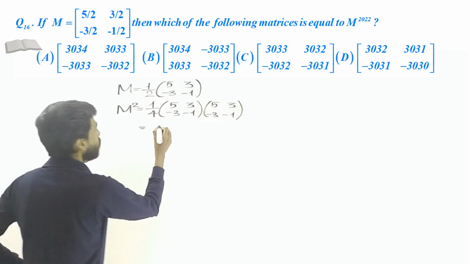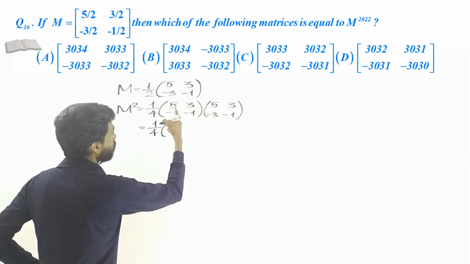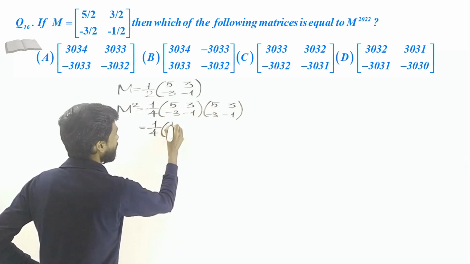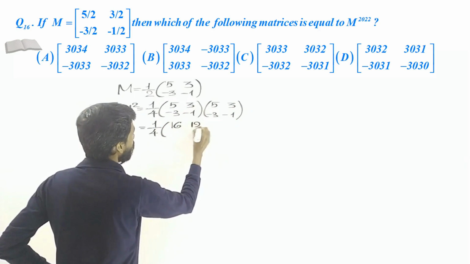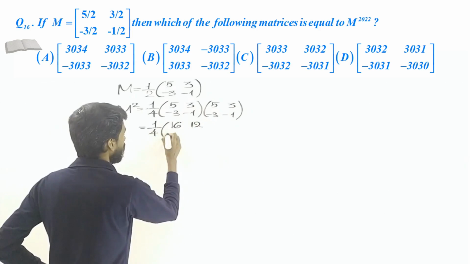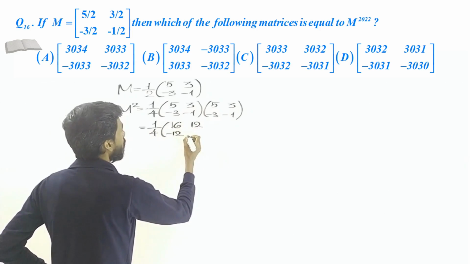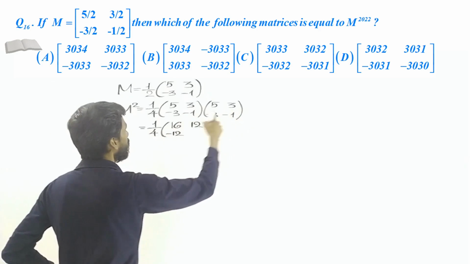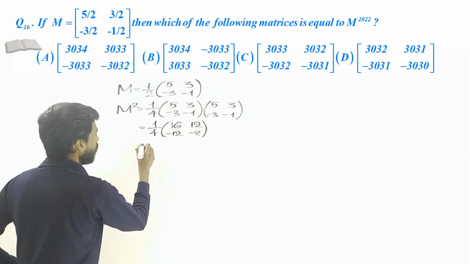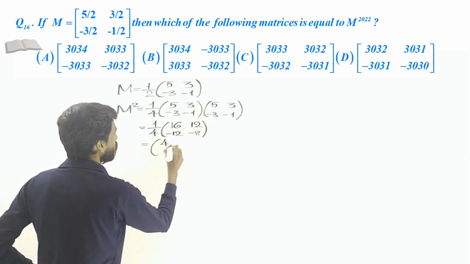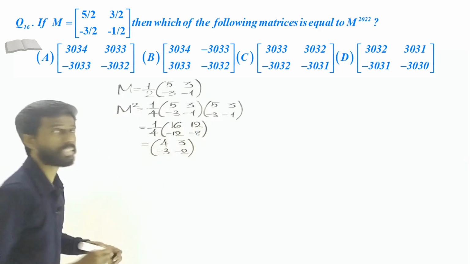This gives 1 by 4 multiplied by 25 minus 9, that is 16, then 15 minus 3, that is 12, then minus 15, so minus 12, then minus 9 plus 1, so minus 8. Now if you divide by 4, you'll get 4, 3, minus 3, minus 2. So this is the matrix M squared.